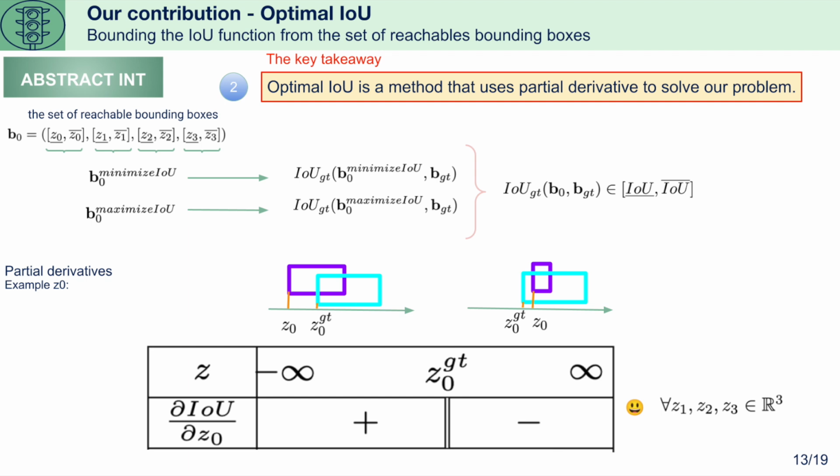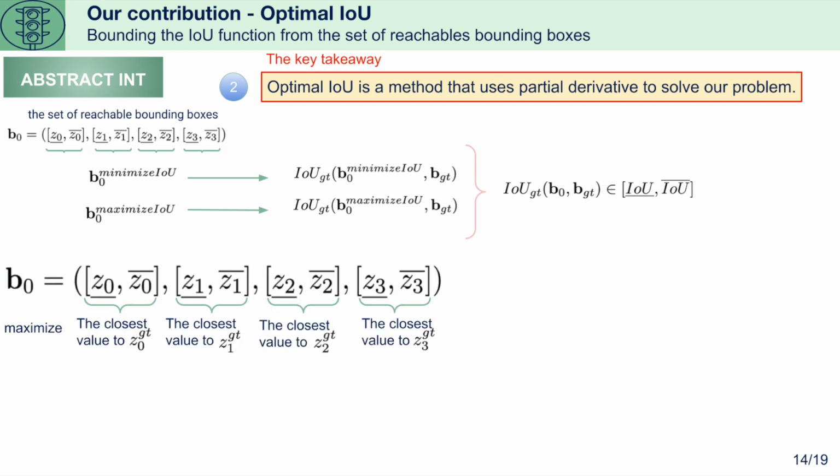For these two cases, we derived and obtained a positive and a negative derivative. It reflects an IoU that increases until it reaches the ground truth box and then decreases. And an important result is that this behavior holds regardless of the value of the other coordinates.